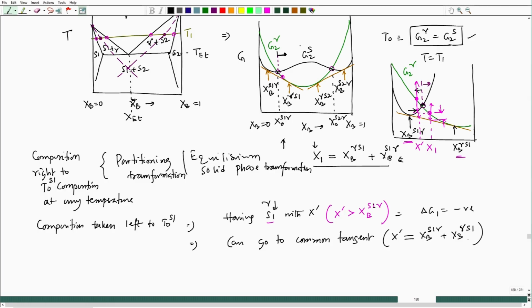Okay. So, then again it will break into two phases of two different compositions.